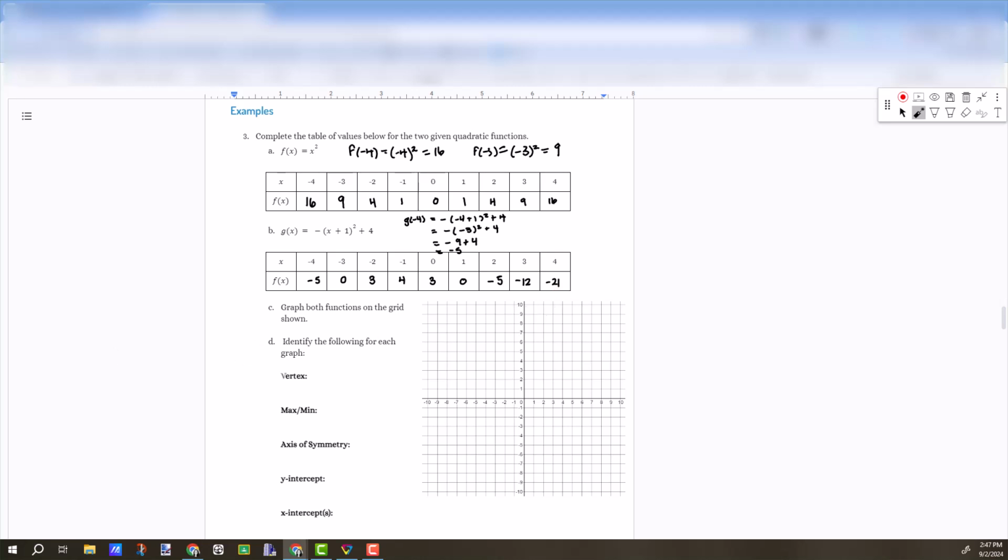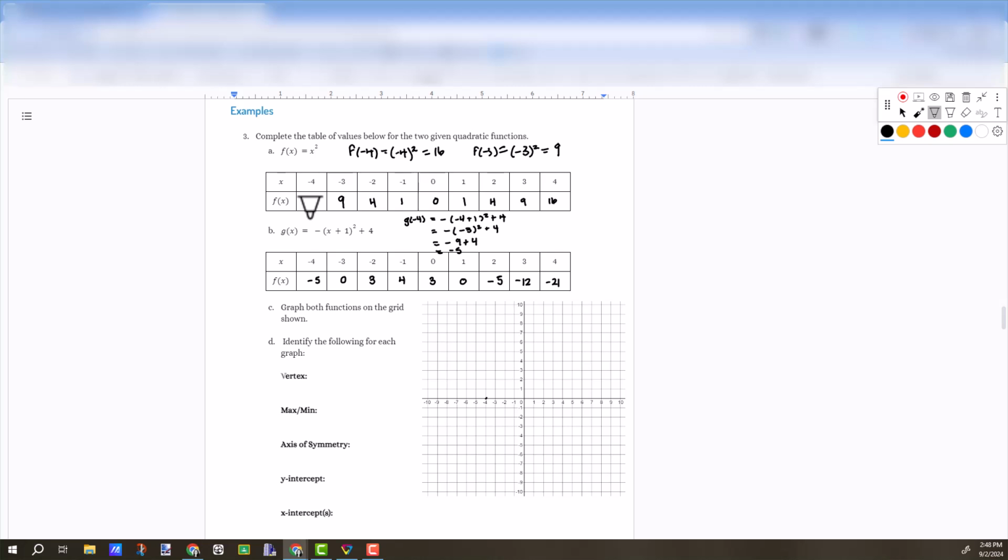The next thing it asks us to do is then to graph both of these functions on the grid. So take your time, make these things ordered pairs. So for instance, our first ordered pair would be -4 and 16, where the x coordinate is -4, the y coordinate or the f of x is 16. So let's go do that. We take our -4, which is right here, and now, 16, that's way off the graph here.